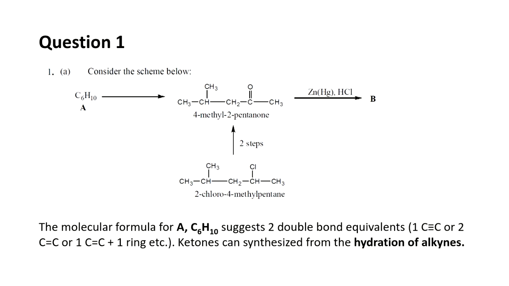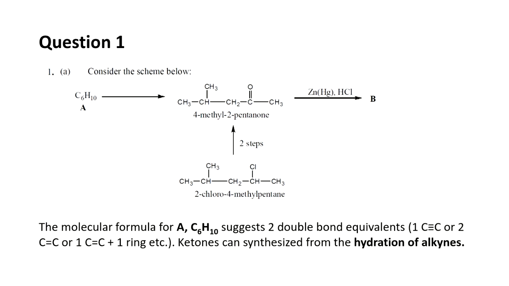Since the molecular formula is C6H10, it means it will have two degrees of unsaturation. It could mean you have one alkyne present, or two alkenes, or an alkene in a ring. But you'd have learned that ketones can be synthesized from the hydration of alkynes. Great. So we have now figured out that A would be the alkyne.